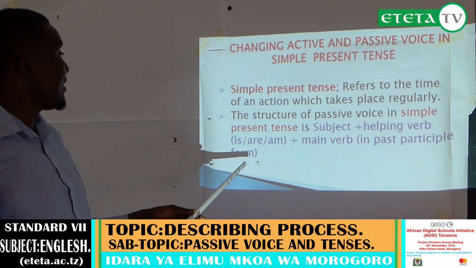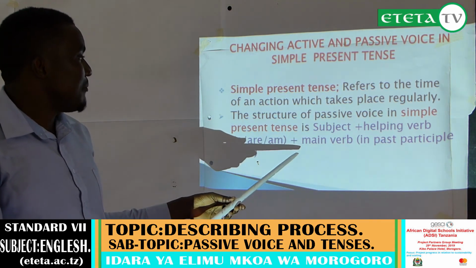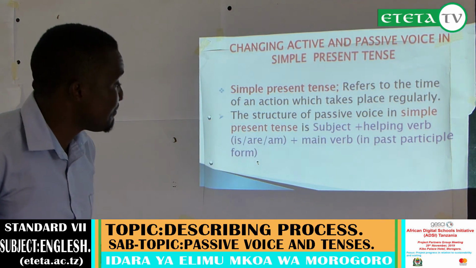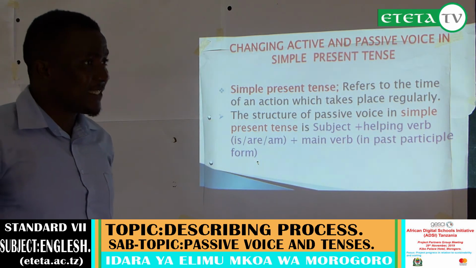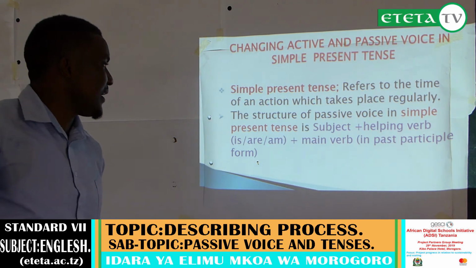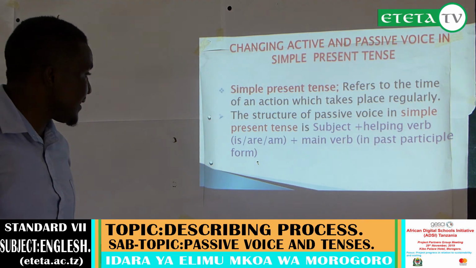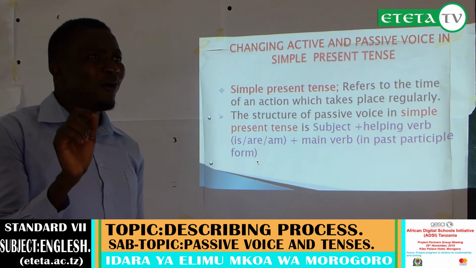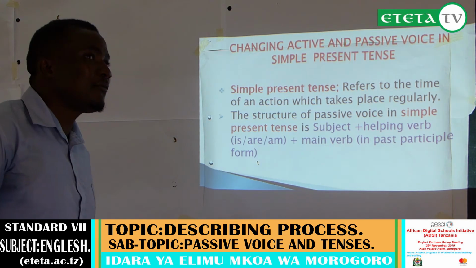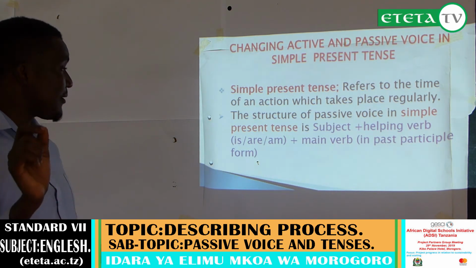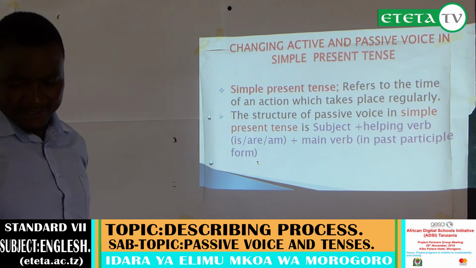What you have to note here is that you have to use a helping verb according to the subject which has been used. You have to use the verb which will agree in number with the subject. Then let us see.